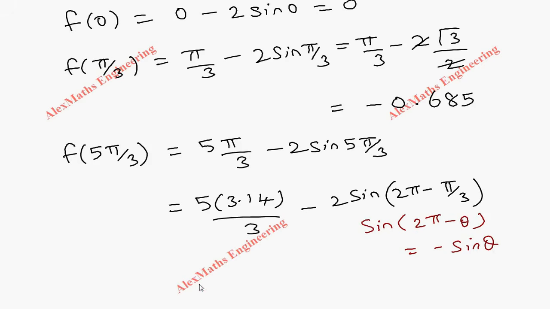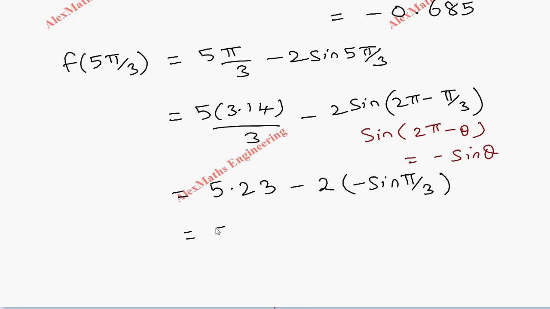Applying this, we get the first term after calculating 5.23, then minus 2 and minus sin pi by 3. Totally, this will become 5.23 plus 2 into sin pi by 3, which is root 3 by 2.